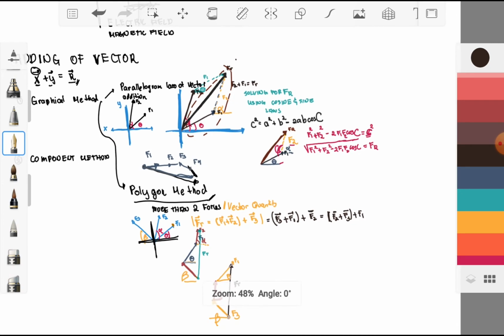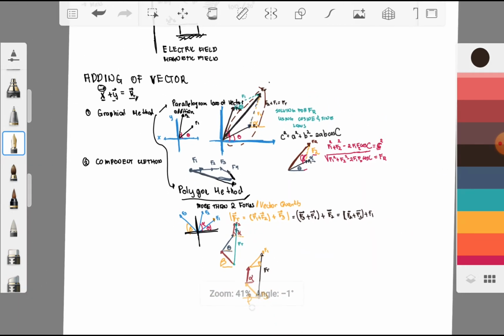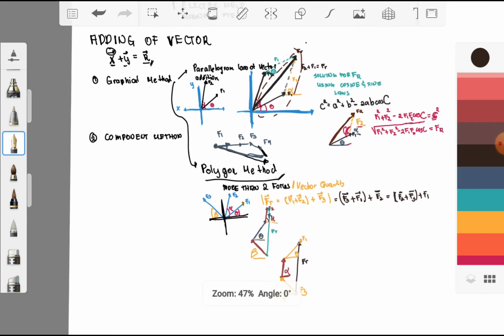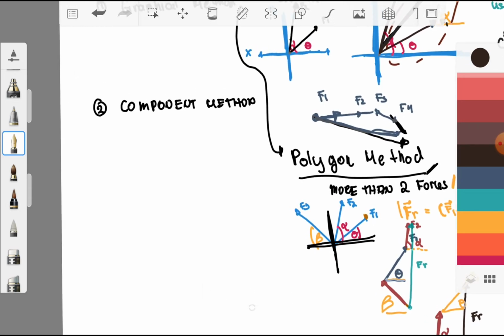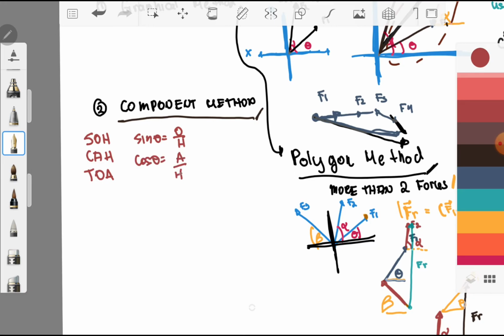So how about our component method? When you talk about your component method, the best thing to remember is SOH CAH TOA: sine theta is equal to opposite over hypotenuse, cosine theta is equal to adjacent over hypotenuse, and tangent theta is equal to opposite over adjacent.